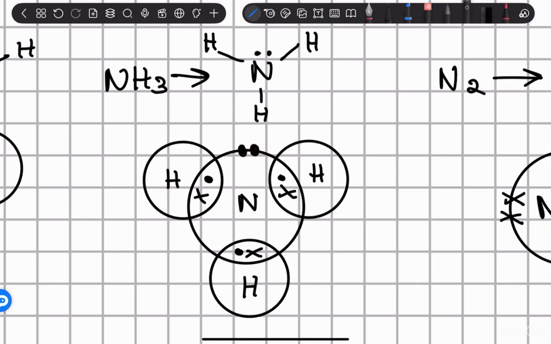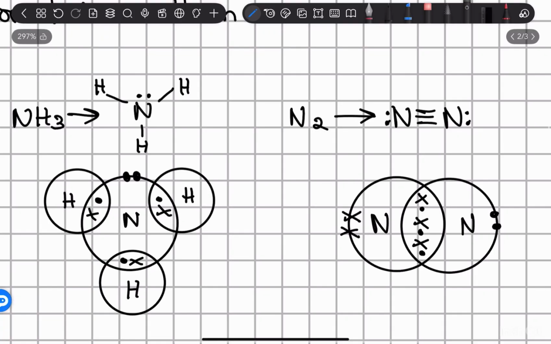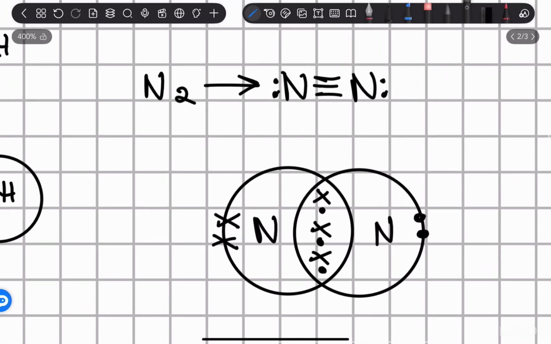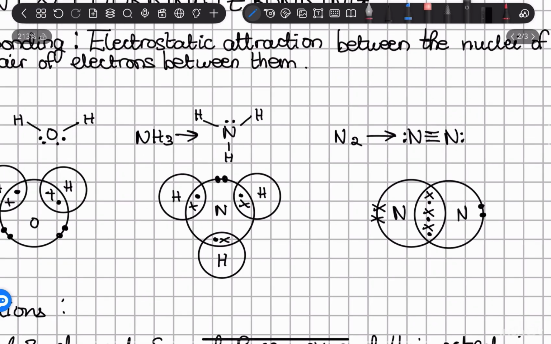Then it bonds with three hydrogen atoms since it needs three electrons to complete its octet. And then the nitrogen molecule has a triple bond. A triple bond means three pairs of electrons are shared between the two atoms. So that is what is shown here, since every nitrogen atom needs three electrons in its valence shell so that it can complete its octet.